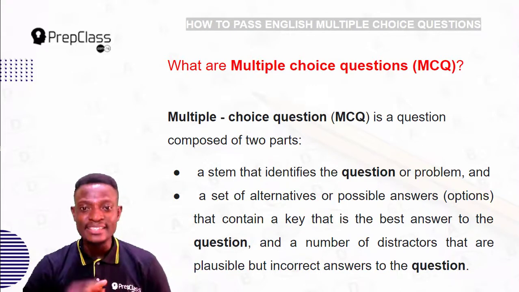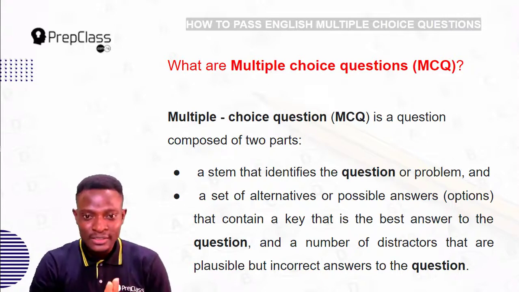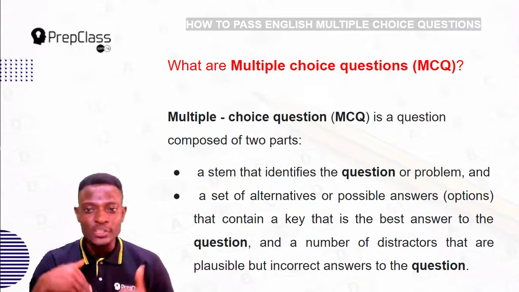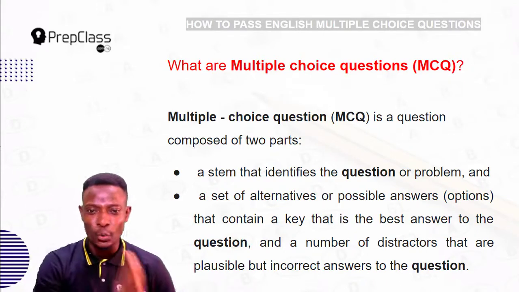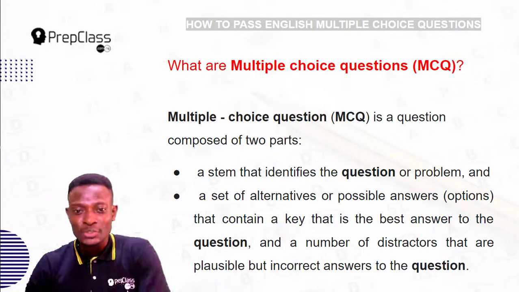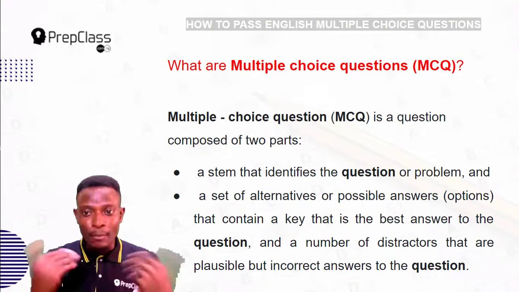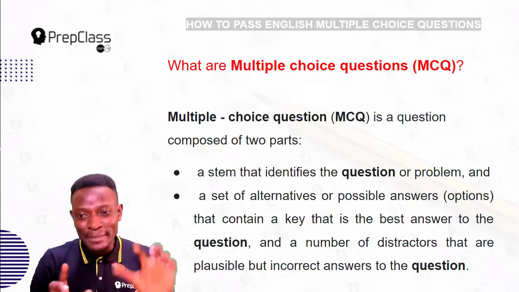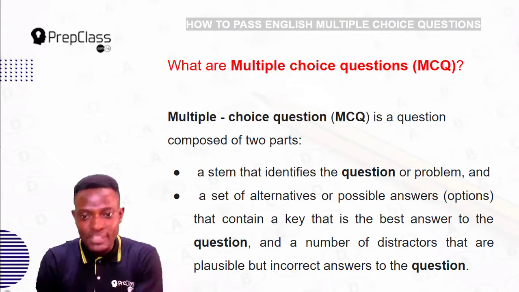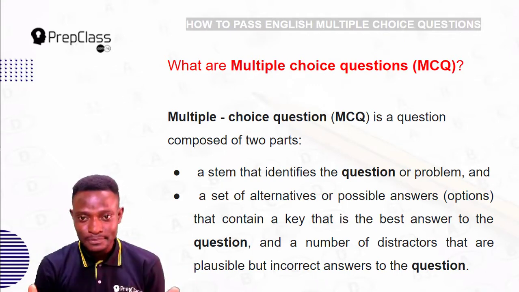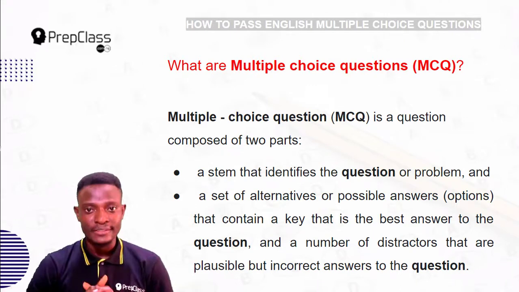The second part is a set of alternatives or possible answers, that is the options, that contain a key that is the best answer to the question and a number of distractors that are plausible but incorrect answers to the question. Now, amongst the options, just one of them is the best answer to the question. Other options might seem plausible, but they are incorrect. So, that is the two parts that make up the MCQ.